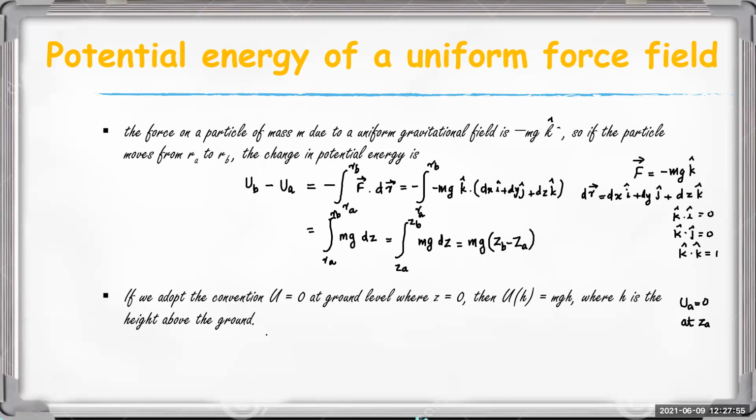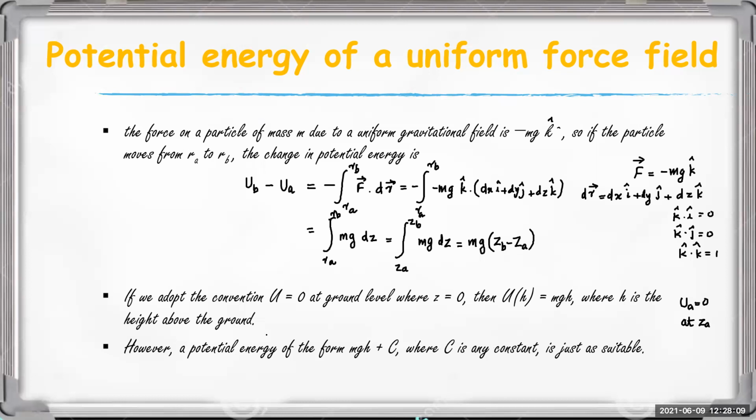But that is not general. We mentioned in the previous slide that a potential energy of the form mgh plus a constant c, where c is any constant, is just as suitable.